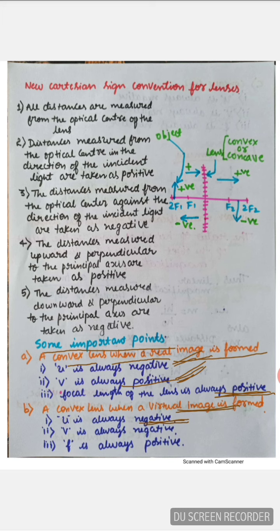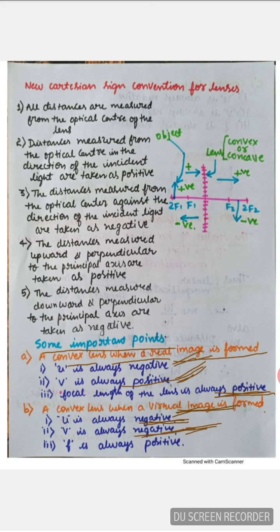So in all the cases, object distance is always negative. So v, that is the image distance, is negative in the case of a virtual image formed by a convex lens. Because in the convex lens, when we place the object between focus 1 and the optical center, we will get the image on the same side of the lens.